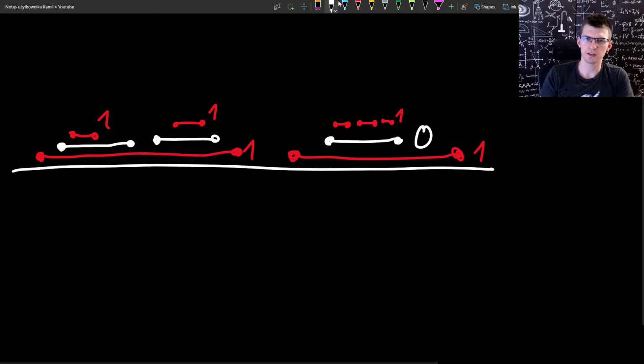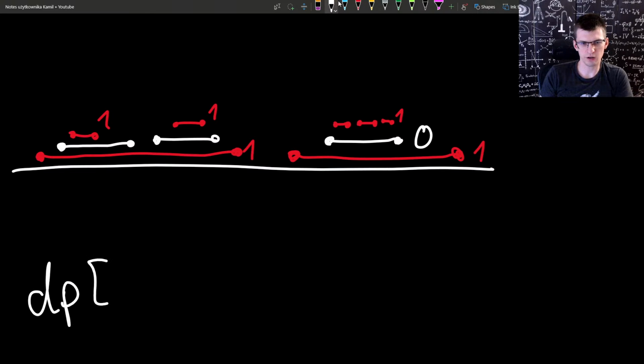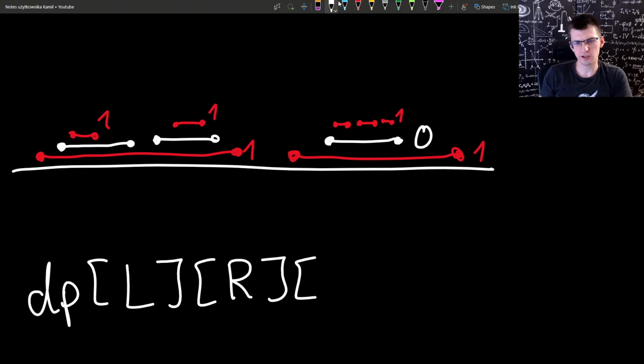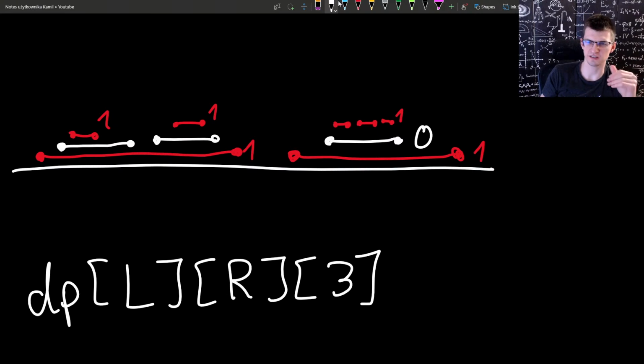Maybe it will be a dp from left to right over indices, and here it will be like 3 possible stages. This is stage 0, stage 1, stage 2, and stage 3. For every interval from L to R, maybe I can say if this interval is full of zeros, and now I can change some intervals into ones, but I cannot do anything more, then what's the score?